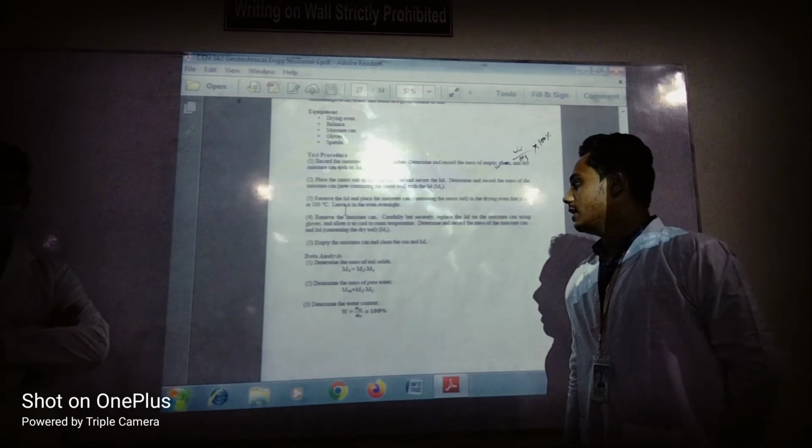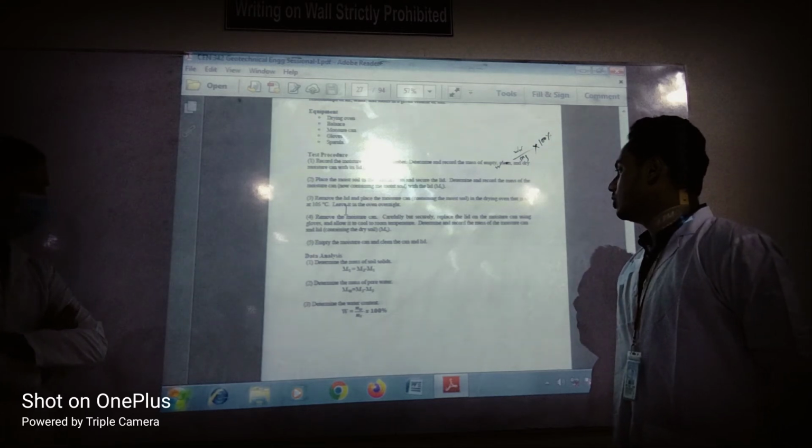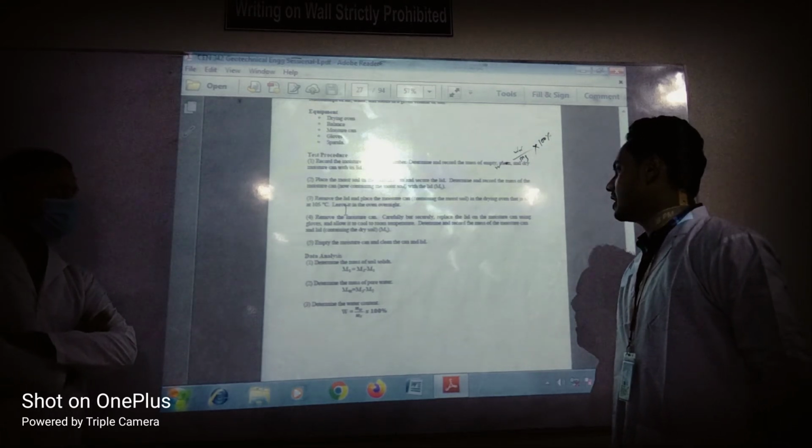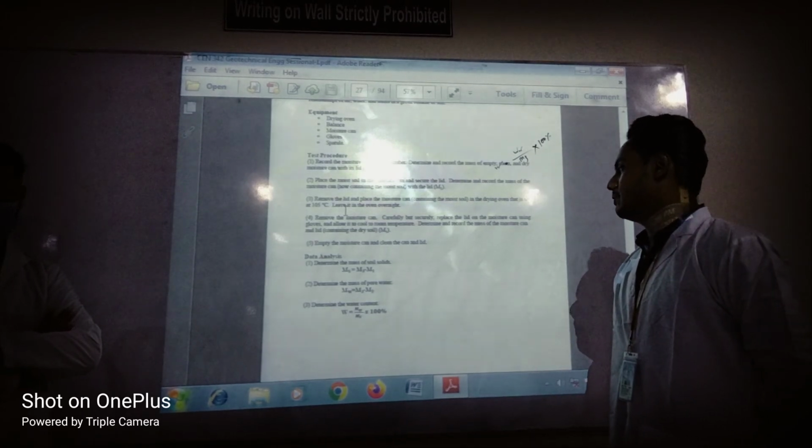Test procedure step 4: remove the moisture can carefully but securely. Replace the lid on the moisture can using gloves and allow it to cool to room temperature.